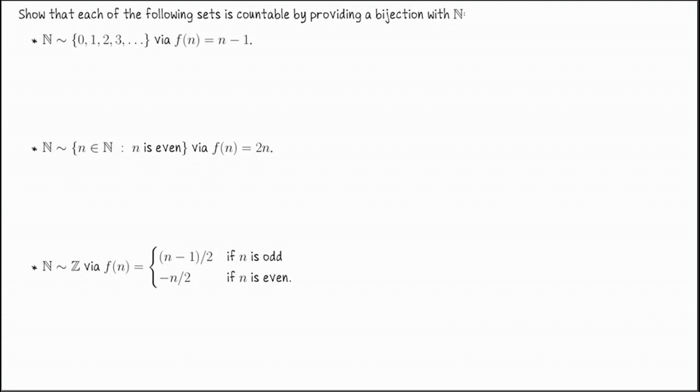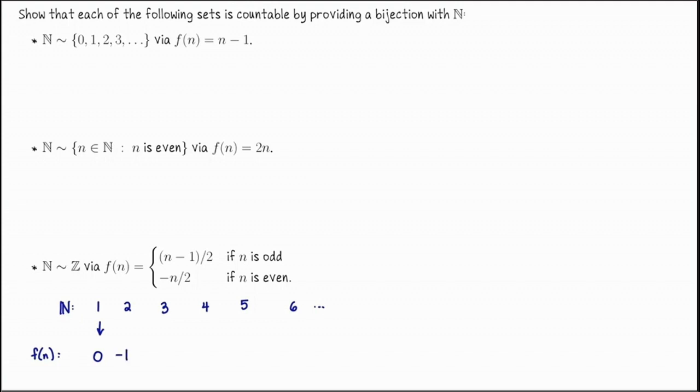So our natural numbers are going to look like 1, 2, 3, 4, 5, 6, etc. Let's see what f of n looks like. If I plug in f of 1, 1 is an odd number. 1 minus 1 divided by 2 is 0 divided by 2. So that's 0. 1 gets sent to 0. 2 gets sent to negative 2 divided by 2.